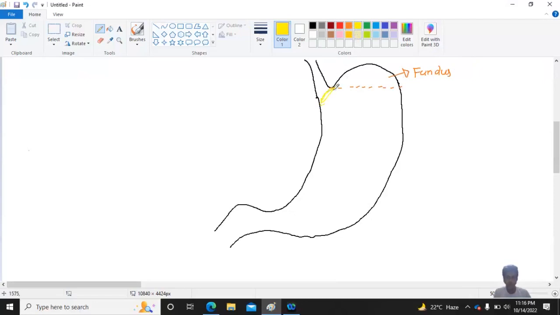This neck region around here is called the cardiac, and here this point is called the angular notch, the incisura angularis.